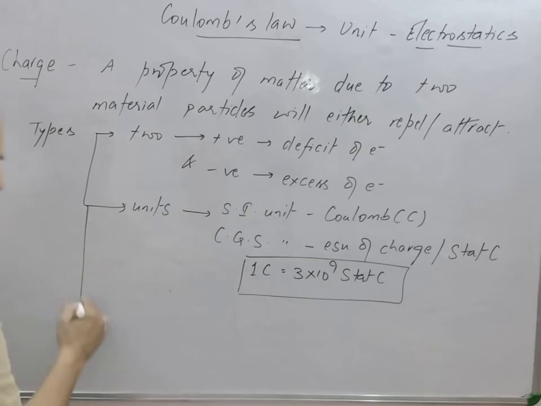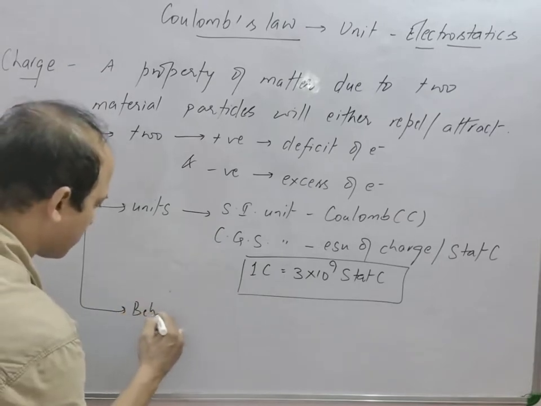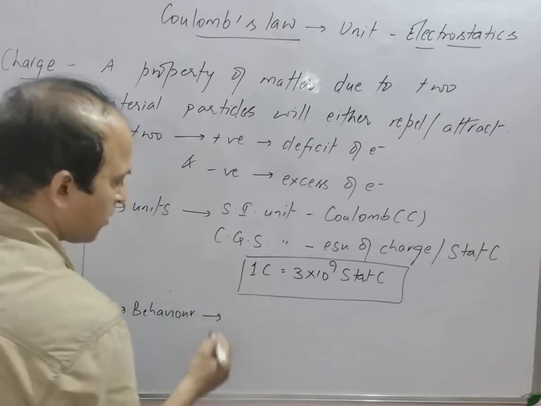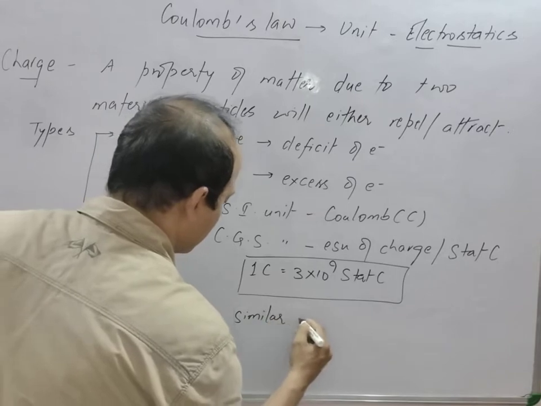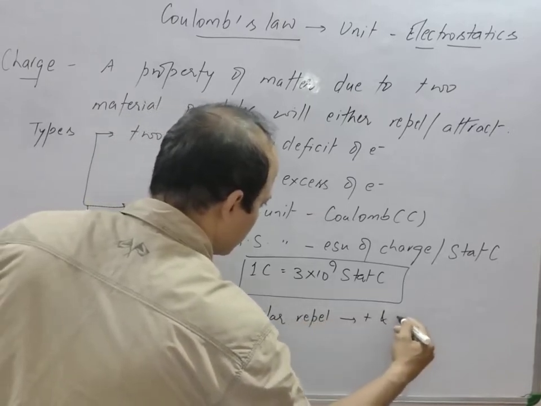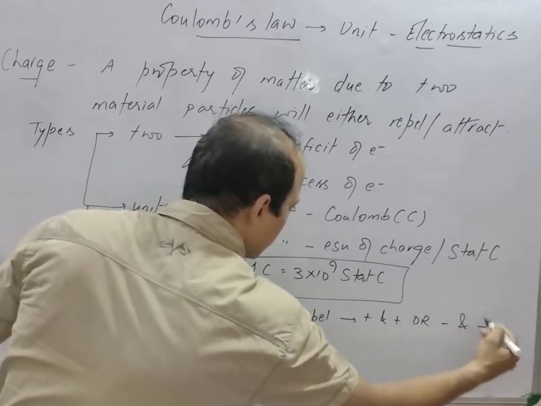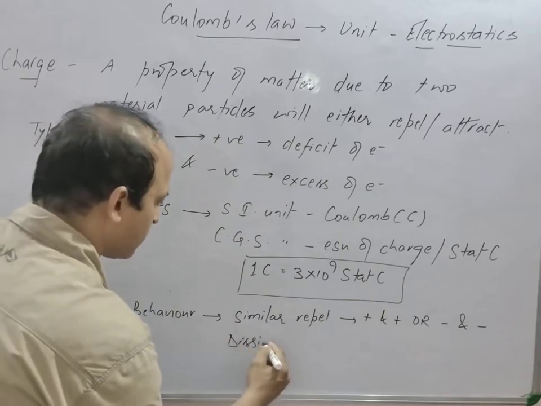Moving on to another property, that is the attractive and the repulsive behavior between two charges. So let us talk about the behavior of two charges. Similar charges repel, means positive and positive, or negative and negative, and dissimilar will attract.